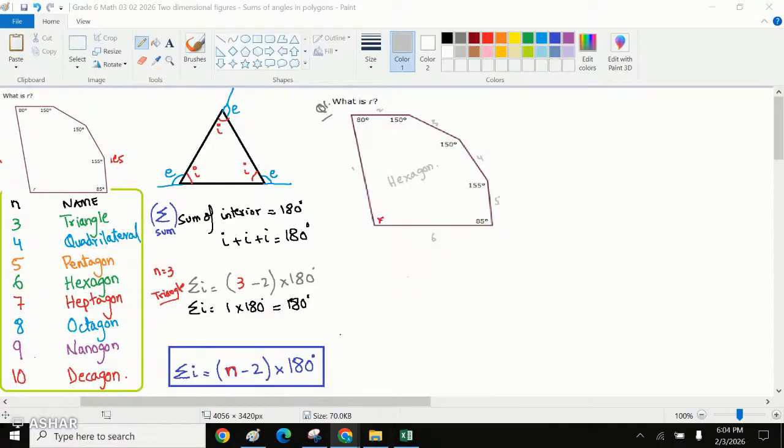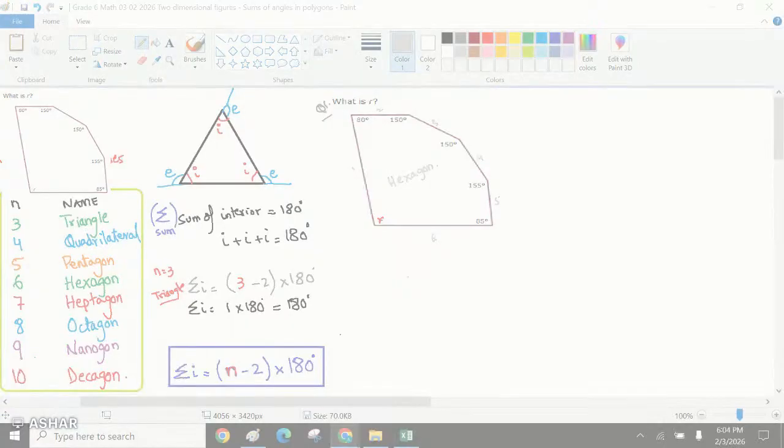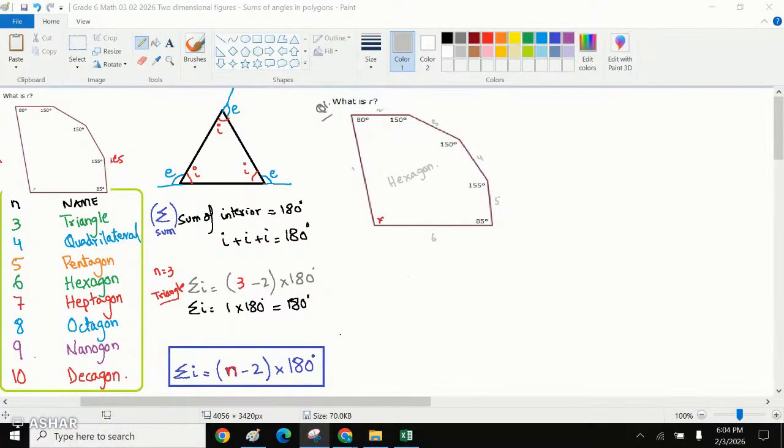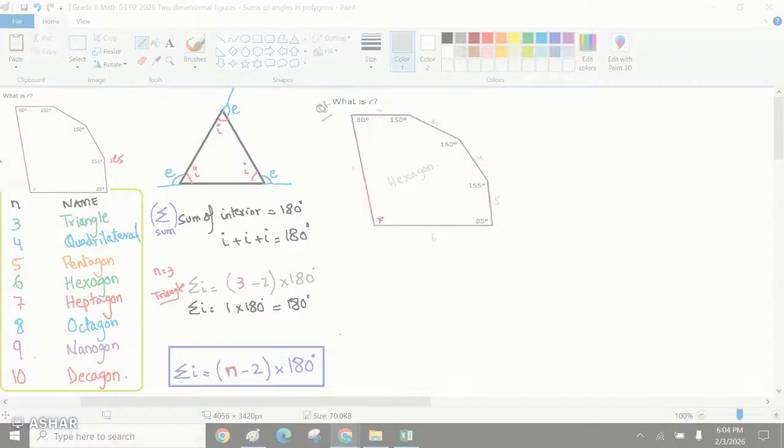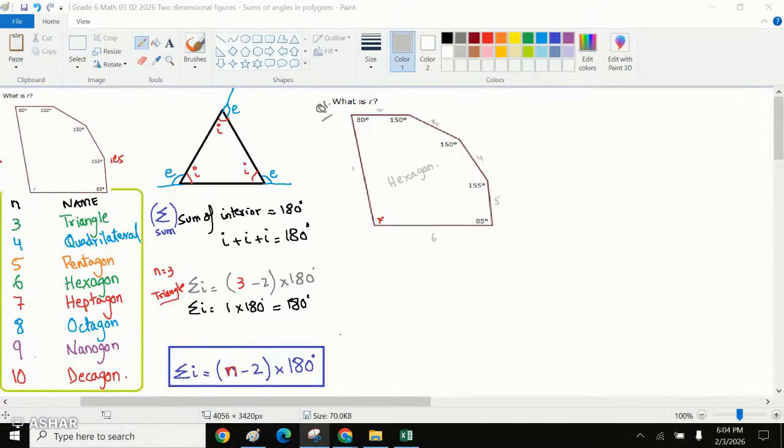So in this hexagon, can we break this hexagon into a number of triangles? Let's see. I'll just do it over here. If this original shape was given to us, can I break this hexagon into triangles?